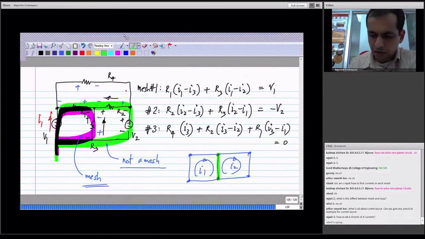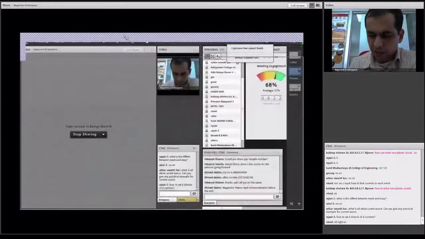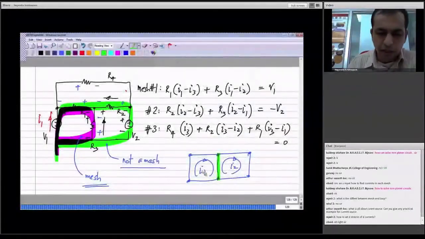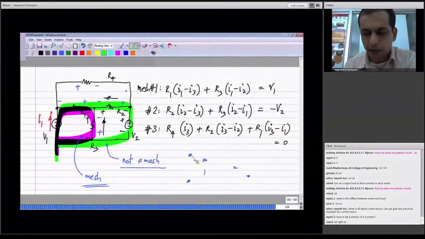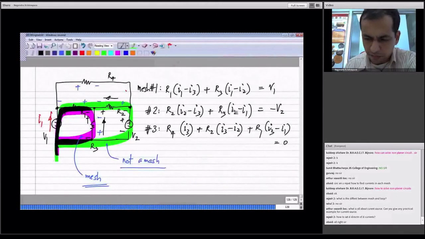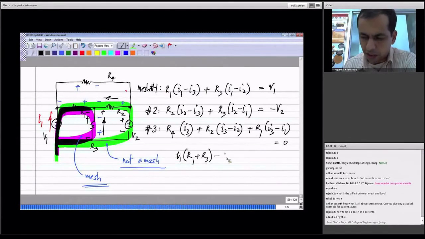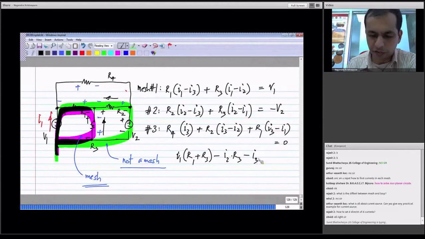So these are the equations in terms of the mesh currents, and I will again rearrange them and group the variables together. So I'll have I1 times R1 plus R3, minus I2 times R3, minus I3 times R1, equal to V1. That is the equation for mesh number 1.